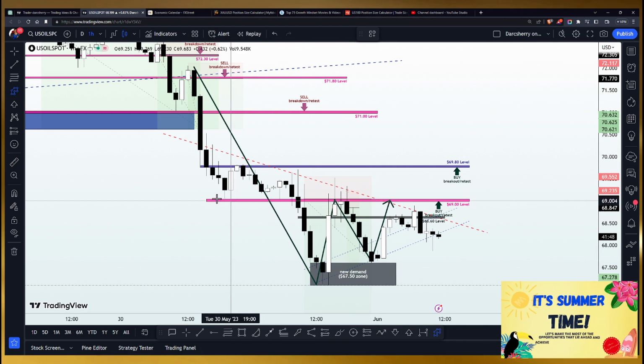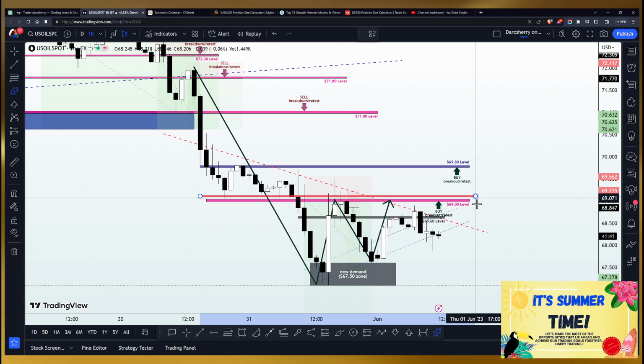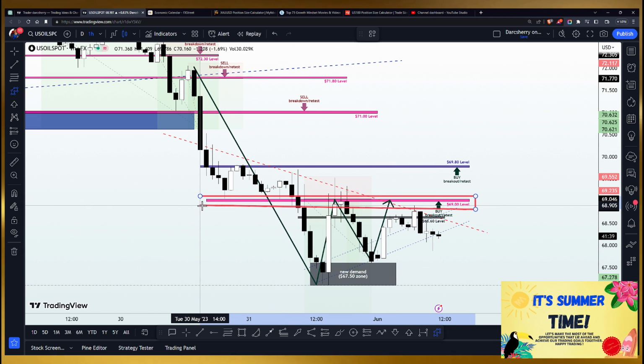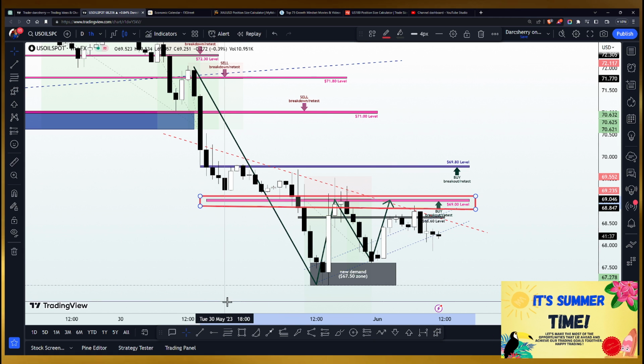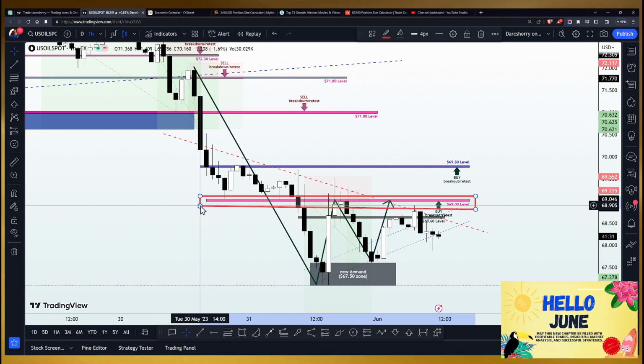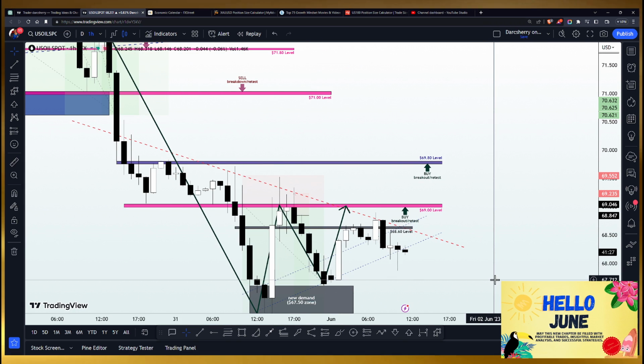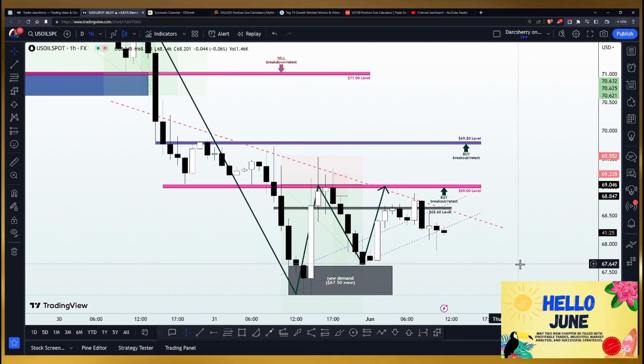So what we did here, you can see we had a neckline which coincidentally shares a confluence with that support line of the flat channel we identified during our live session yesterday, which falls at the $69 level. And with a neckline around the $69 area, we are going to wait for price action to break out, retest the structure to confirm that we have a reversal pattern on our books.